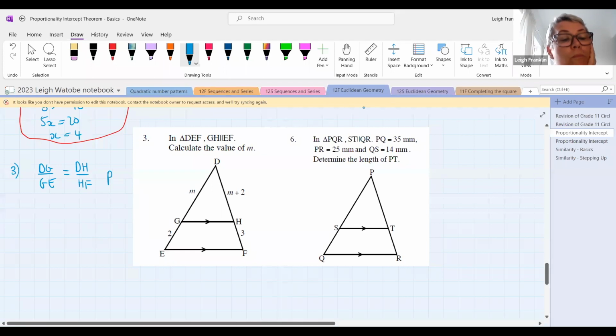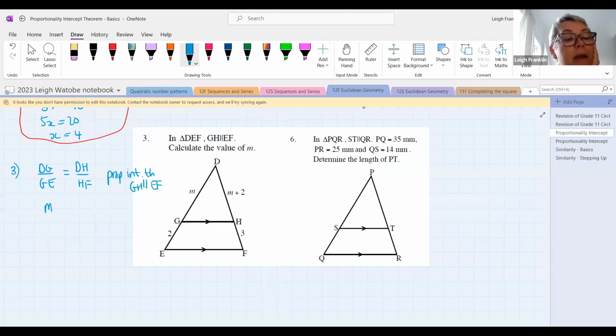And then we cross multiply, we will get 3M equals 2M plus 4. Hold on, I'm just writing your reasoning there. So you've got M over 2 equals M plus 2 over 3. Lovely, okay. And then we cross multiply. Fantastic. So when you cross multiplied, what did you end up with?